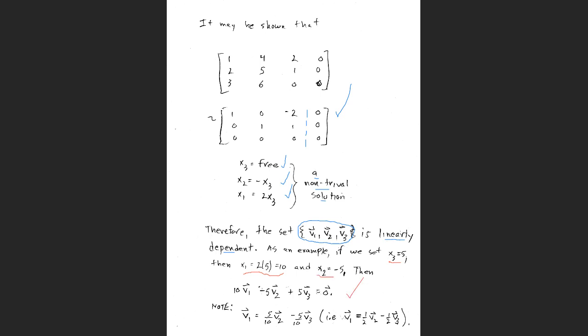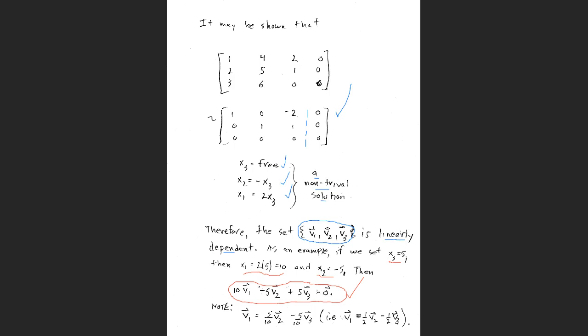Then 10 times the first vector v1, minus 5 times the second vector v2, plus 5 times the third vector v3, would equal the 0 vector. You can check that out. You'll see it's true.